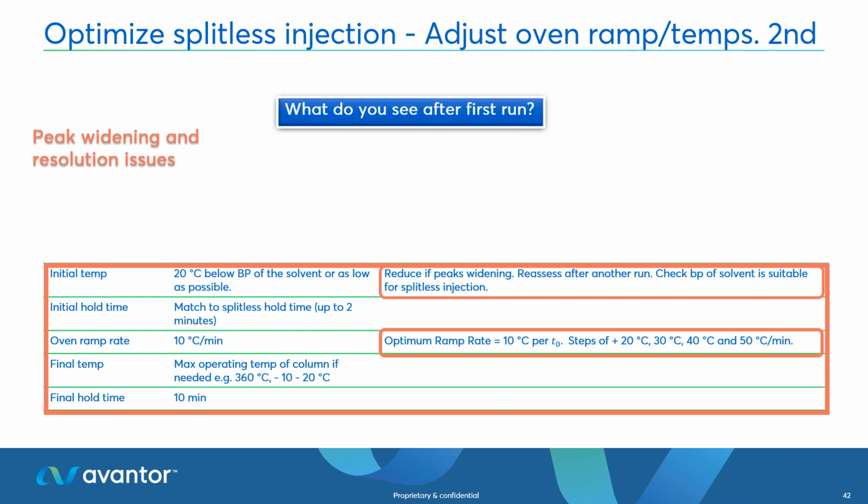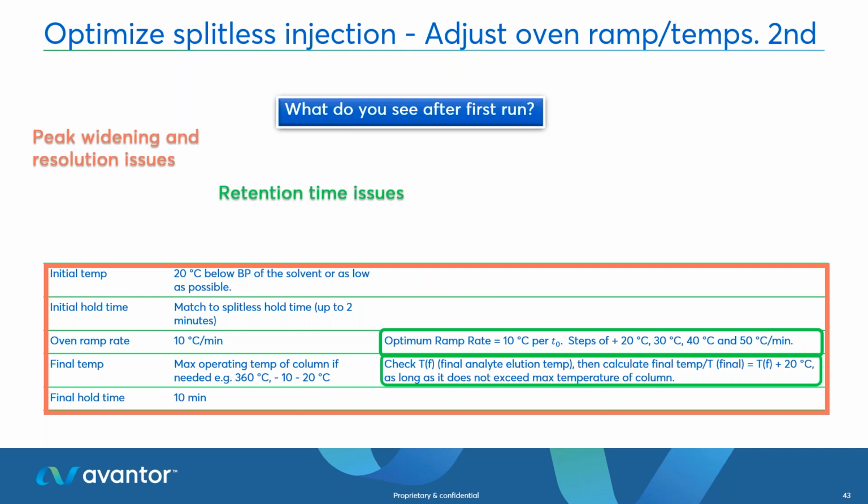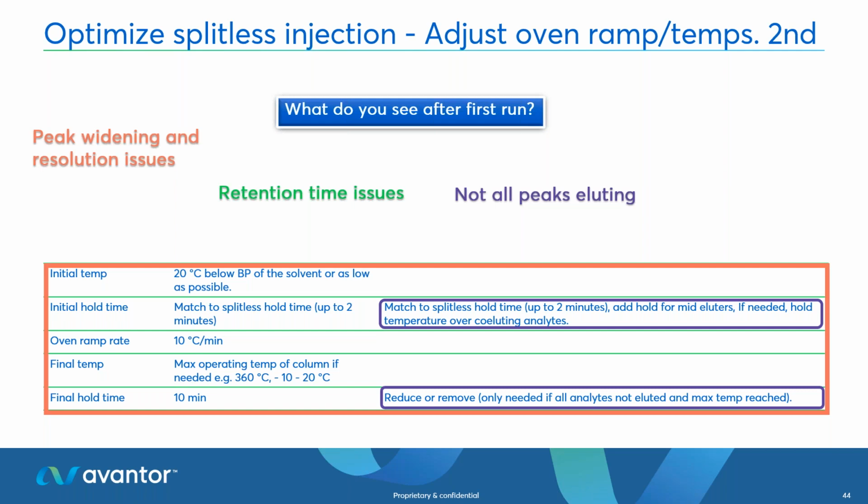But if you're seeing peak widening and resolution issues, again, have a look at that initial temperature, make sure it's low enough. Reassess to make sure that the solvent's suitable for a splitless injection. And then, again, double check the oven ramp rate and adjust this as needed. Same goes again for the retention time issues that we mentioned before.